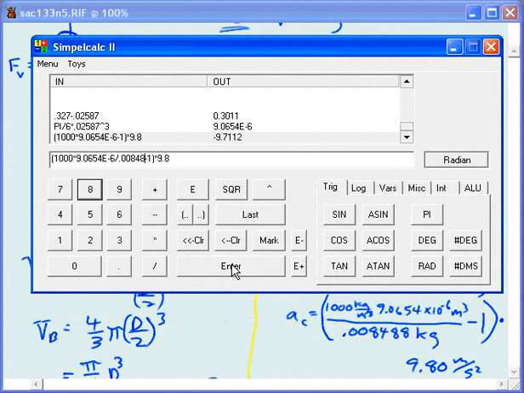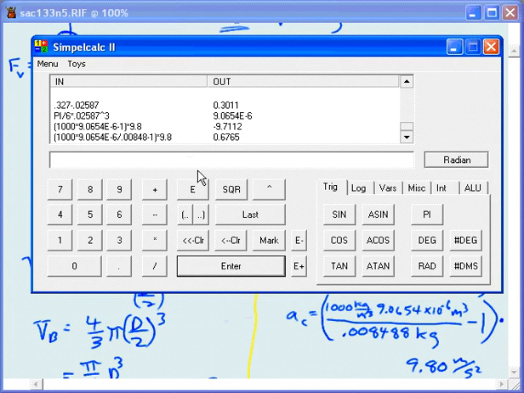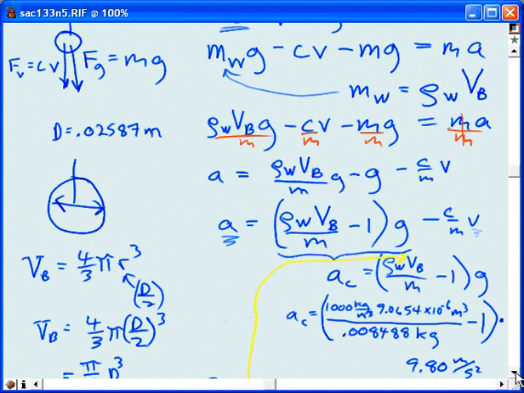Hit enter there, and I'm getting 0.6765. I'll try that one more time because I left off one of the 8's here. Hit enter again, I get 0.6666, 4 6's there.